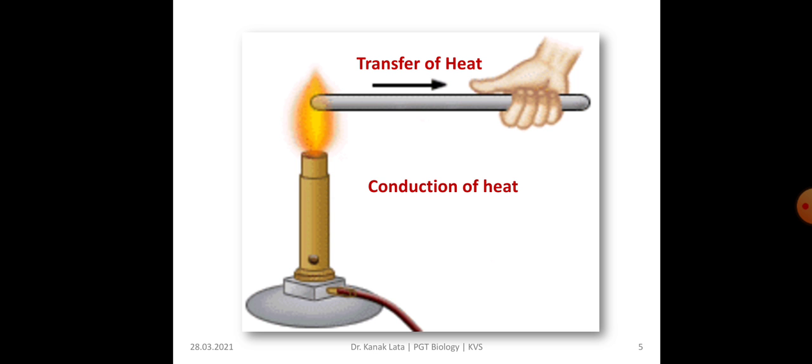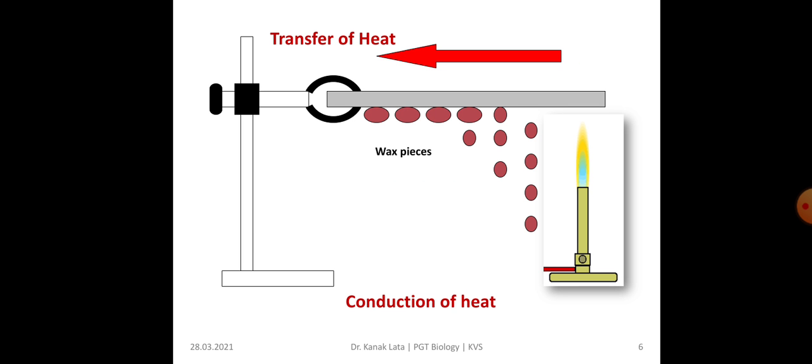Here you can see the transferring of heat from the hotter to the colder region. Here you can see the falling of wax, from the hotter region to the colder region.